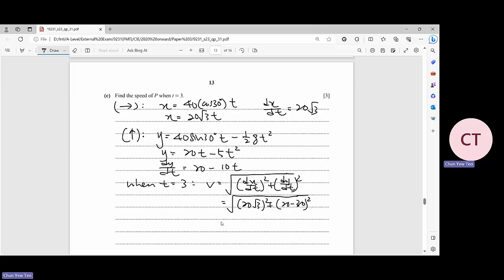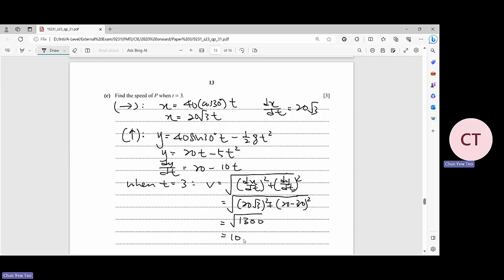Press the calculator. Okay, 1200 plus 100, 1300, square root of 1300.